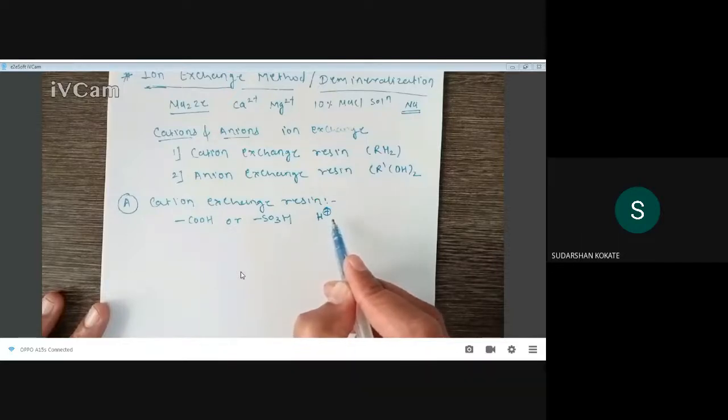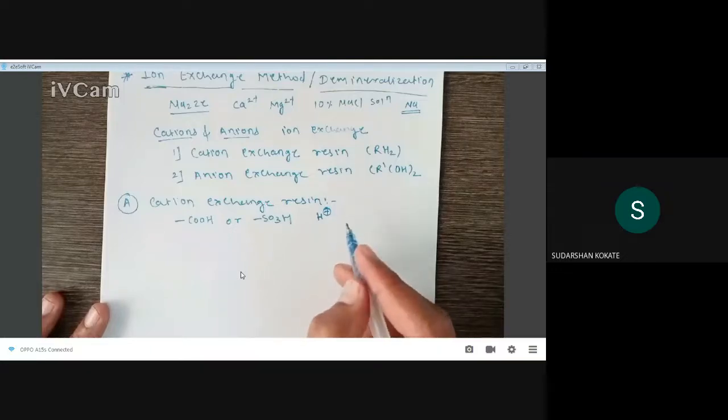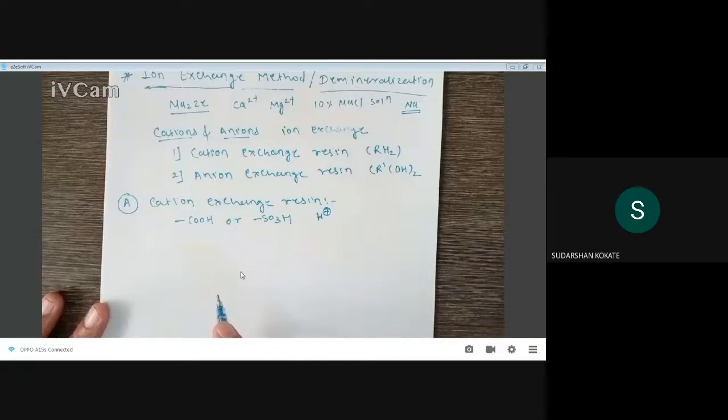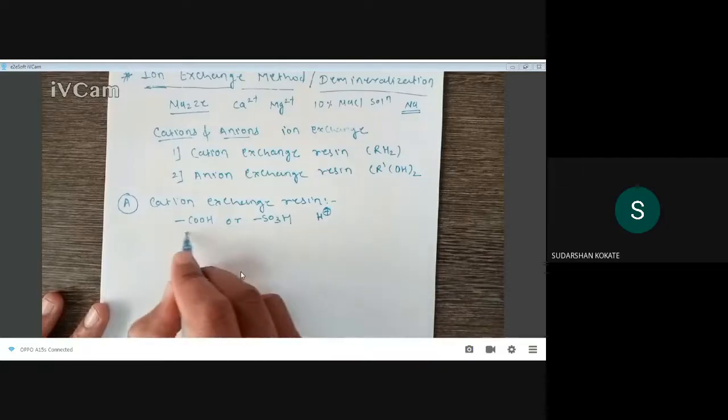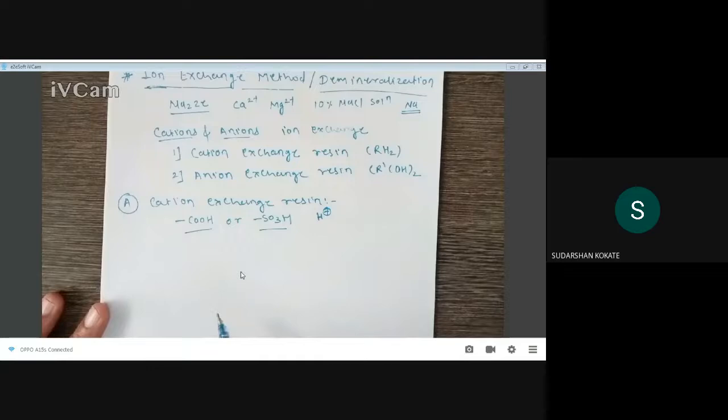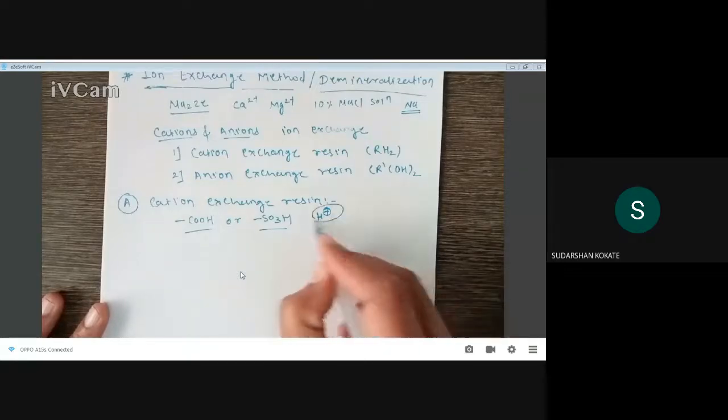A common cation exchanger resin which is frequently used in the industry is what? Your styrene divinyl benzene copolymer. So this styrene divinyl benzene copolymer undergoes carboxylation reaction or sulfonation reaction, right? So which is readily replaceable with H plus ion.